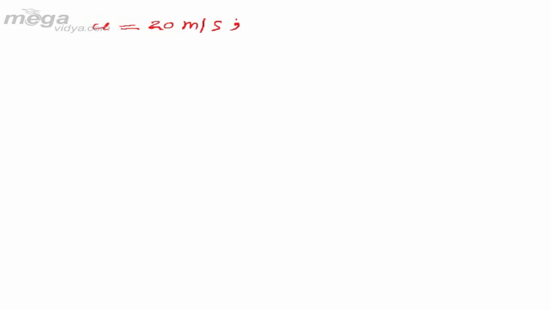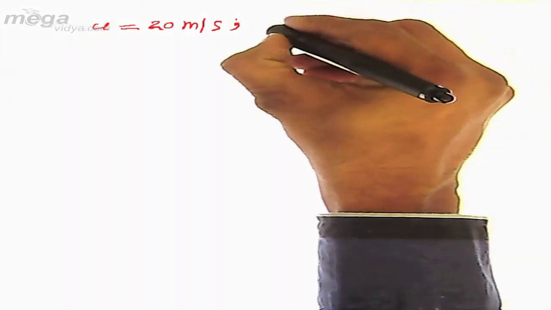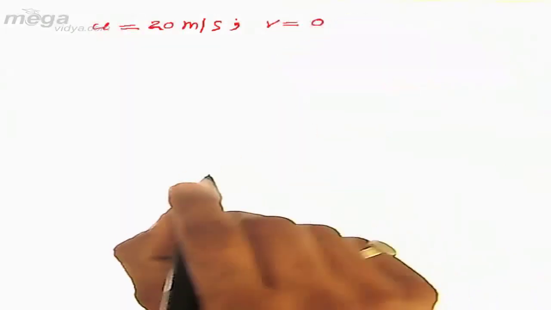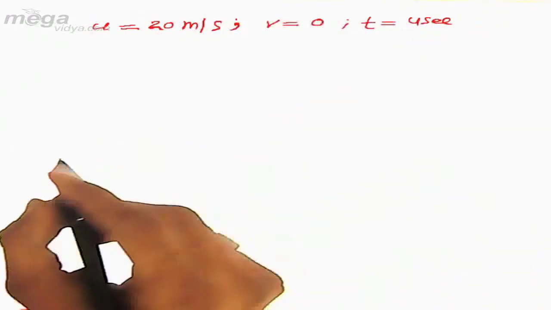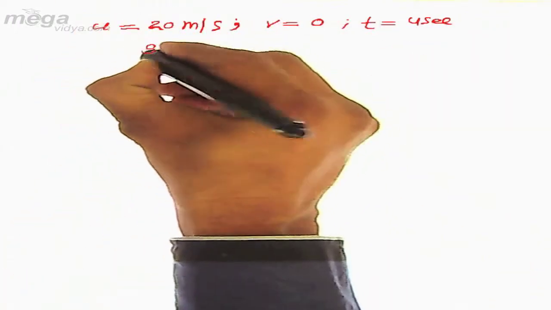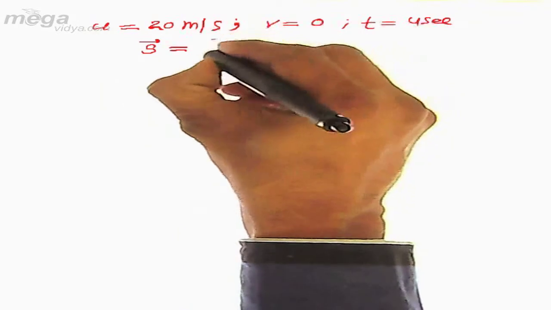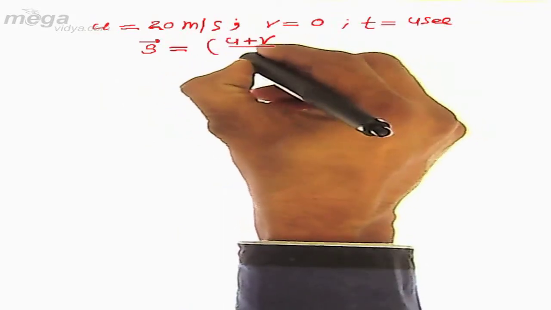So for constant acceleration, average velocity can be defined as (initial plus final velocity) by 2. And here, in case of the ball, when it reaches its maximum height, its velocity will become 0. As the final velocity is 0, the initial velocity is 20 meters per second, and the time interval used in this motion is 4 seconds, we can get the displacement of the ball just by applying this form of equation of motion number 2.